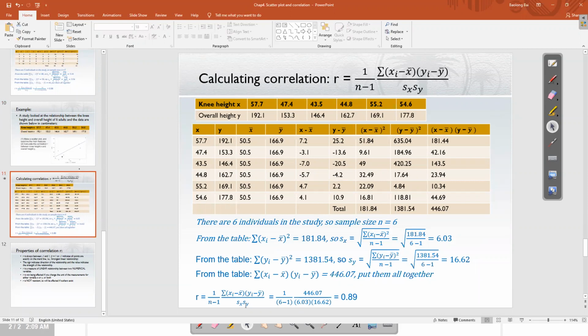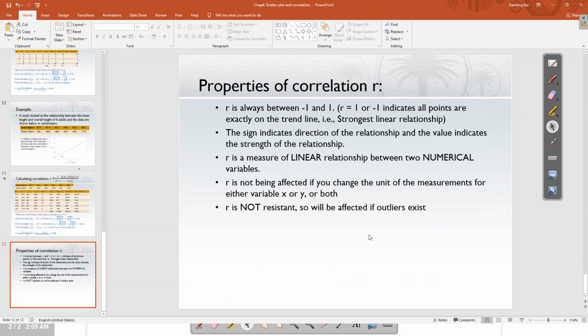So we need to understand that we can describe relationships between variables. And the easiest relationship is a linear relationship, and that's what we're going to focus on. So a scatter plot can show us the linear relationship from a graph.